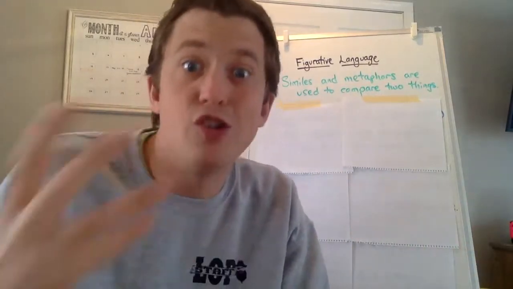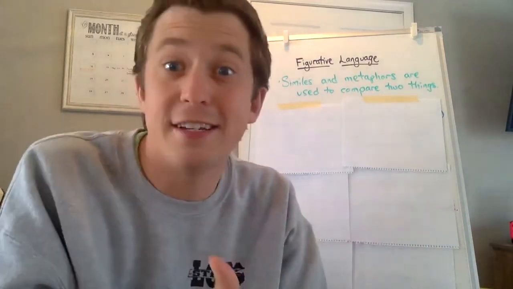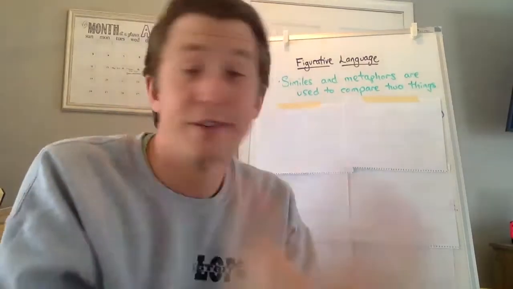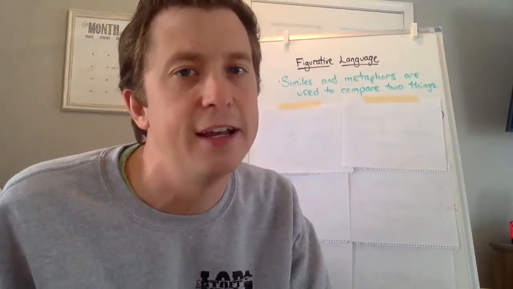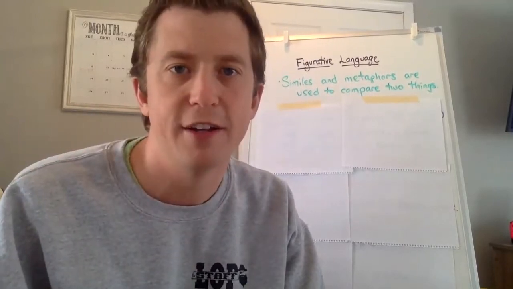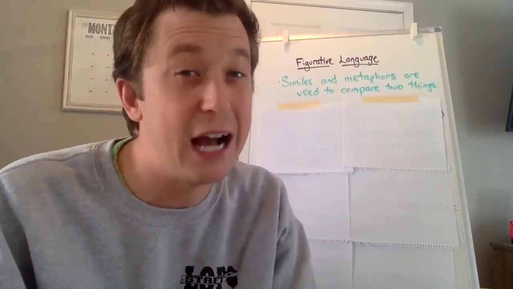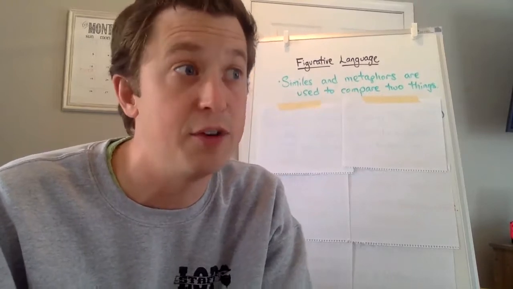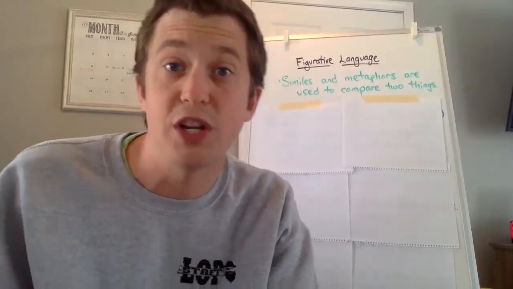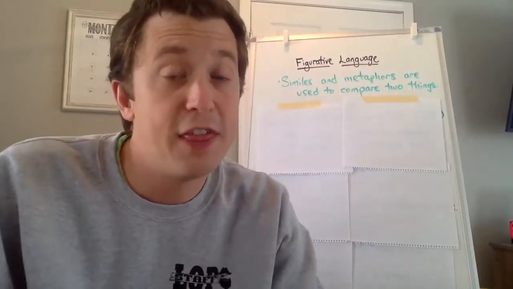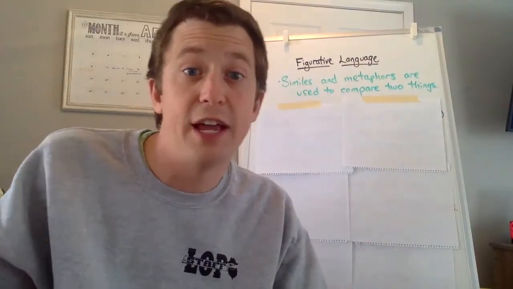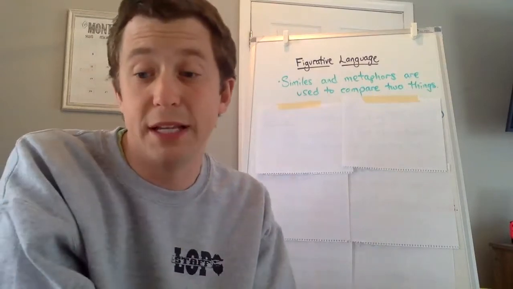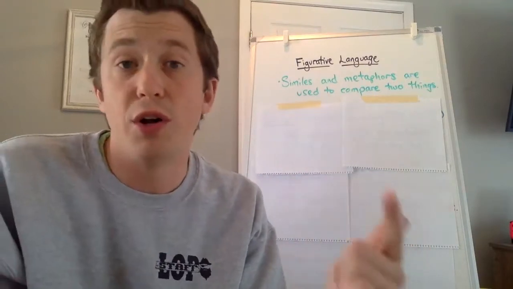Just like juice is the tastiest part of a fruit, figurative language can sometimes be the most exciting, tastiest part of writing. There are a few different kinds of figurative language, and there are many ways that figurative language can be used. This video is just going to deal with two specific types of figurative language. One of them is called similes, and one of them is called metaphors.